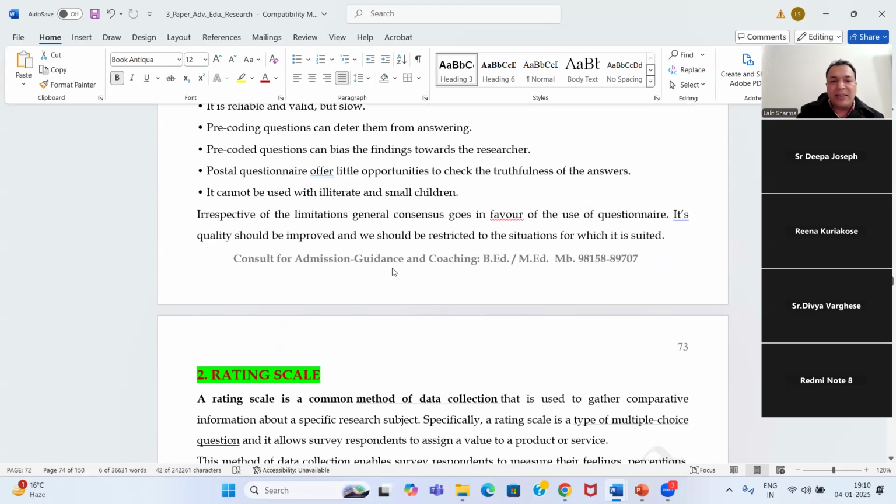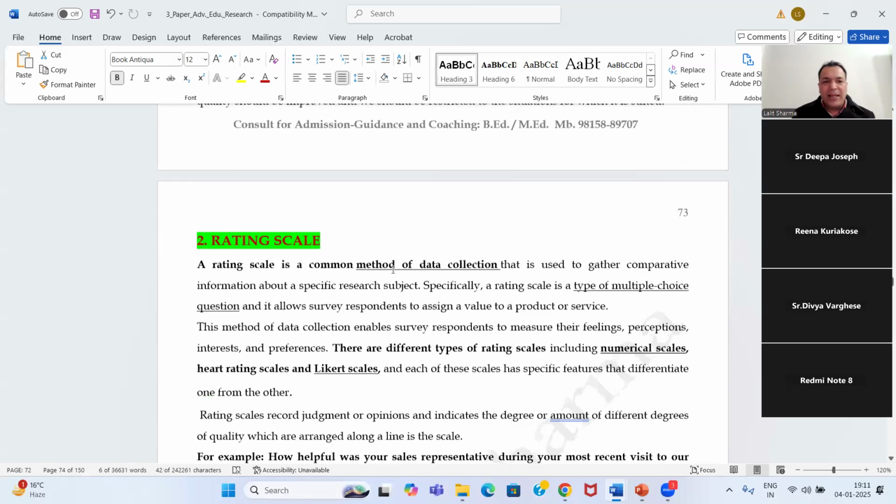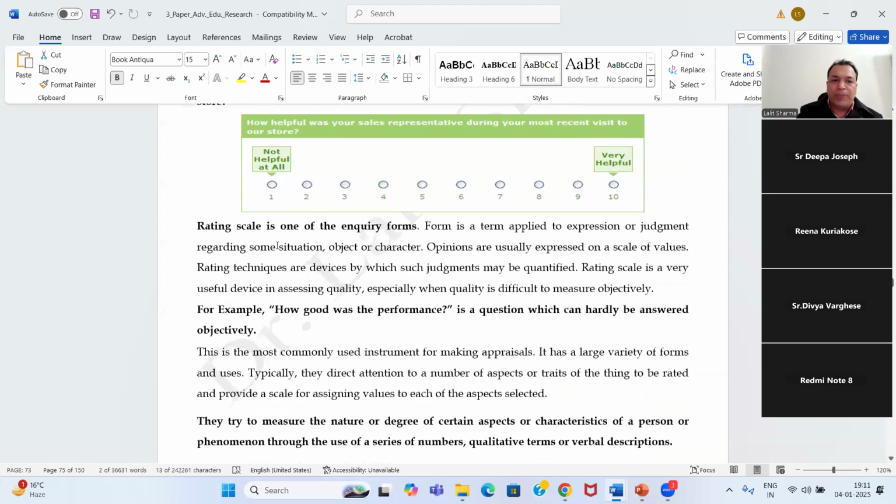Advantages, disadvantages. So that way you can elaborate, right? Reading skills. Although we are done with it in a small part, because last time the question came, describe the various types of research tools. But here the notes are written in detail, so you have to go for the detail also.